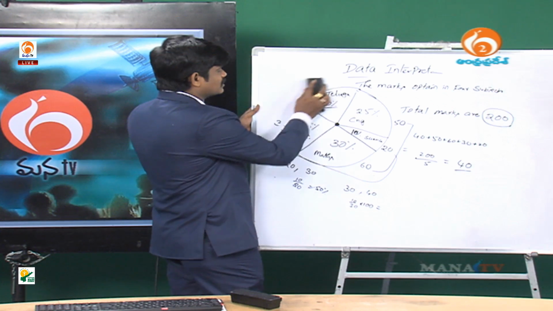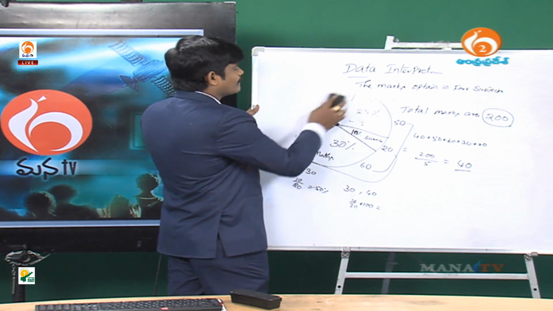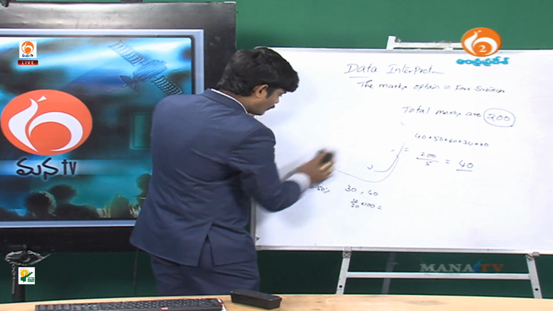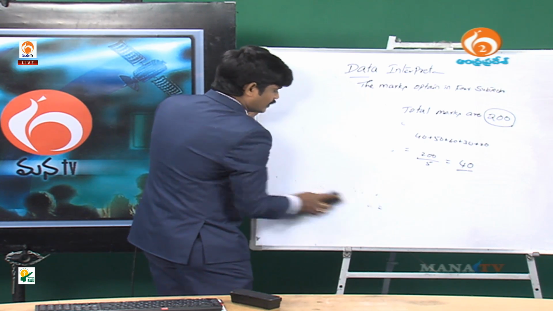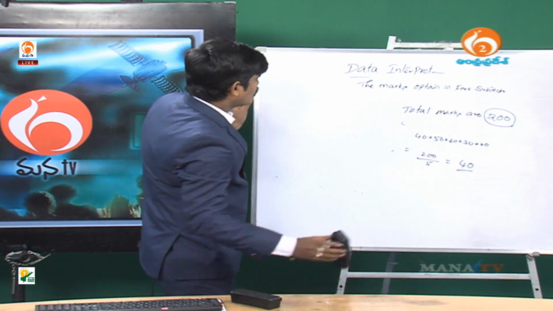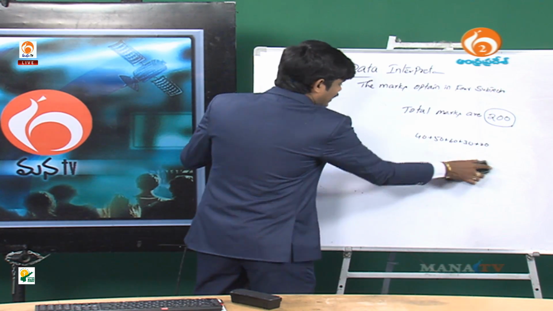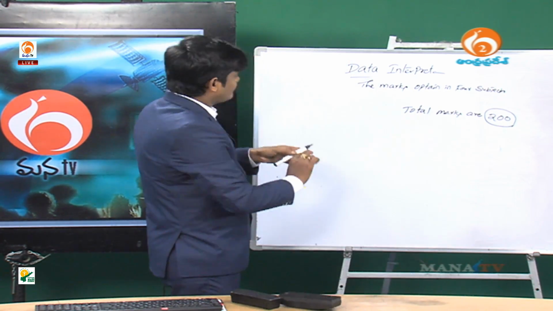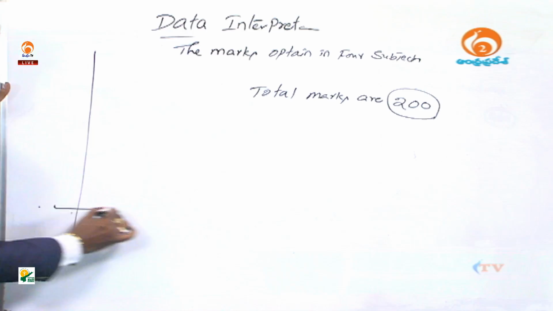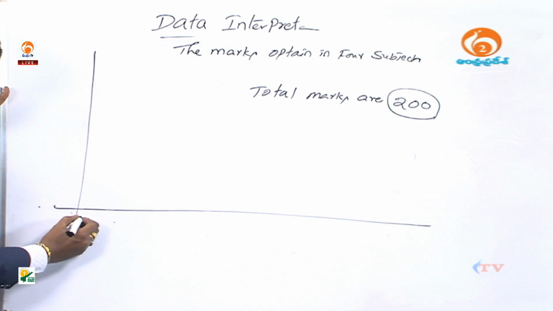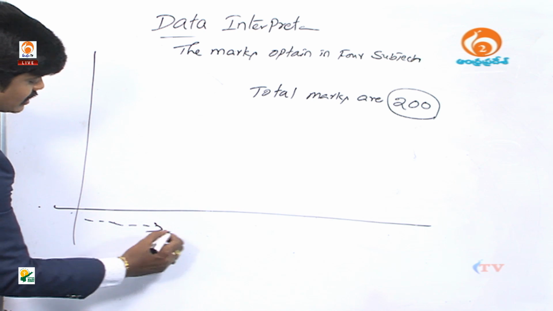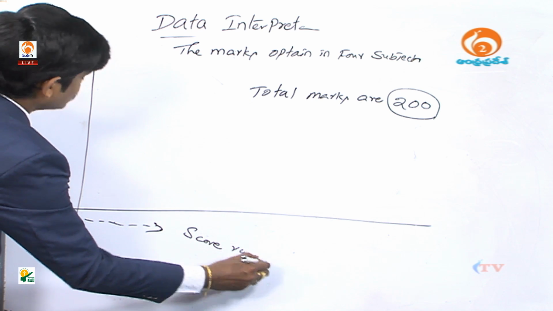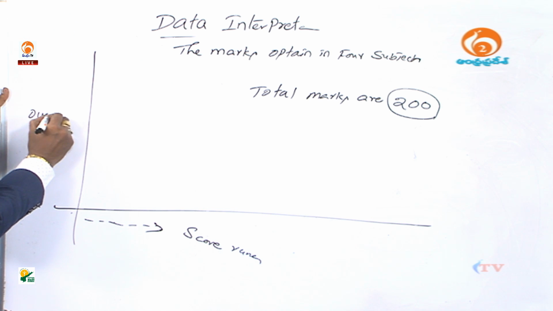Again, they give a third one, called a line graph or bar graph. Most of the students know the line graph, because in cricket matches they use line graphs. In this graph, this axis indicates score or runs, and this indicates overs.